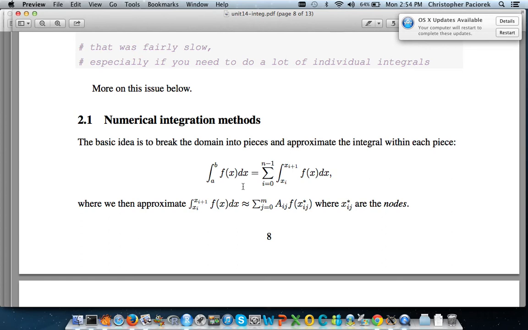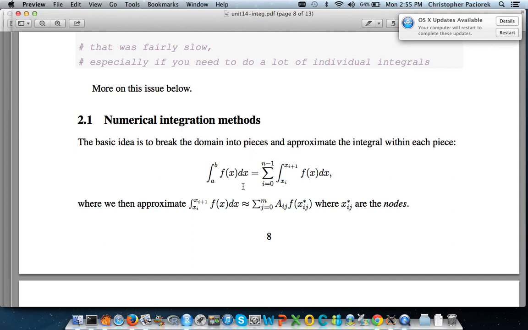I'm going to write that out as a summation from j equals 0 to m of some coefficients times the function evaluated at some places, some x_ij star values, which are basically going to be values between x_i and x_i plus 1.